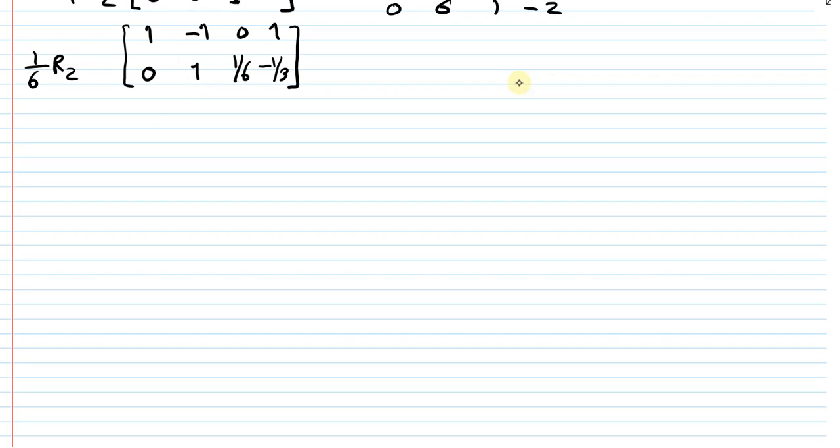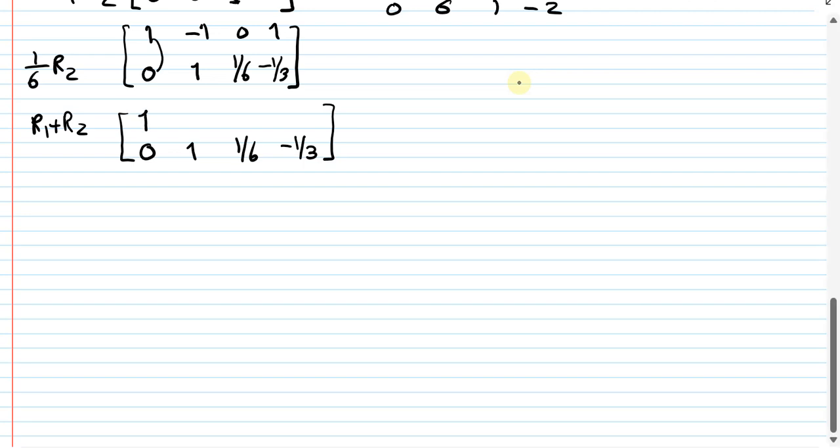Let's just add row 2 to row 1 and replace row 1. Row 2 is going to be unchanged, 0, 1, 1/6, -1/3. Row 1: 0 plus 1 is 1, 1 minus 1 is 0, 1/6 plus 0 is 1/6, 1 minus 1/3 is 2/3. See how we just added the elements in the columns.